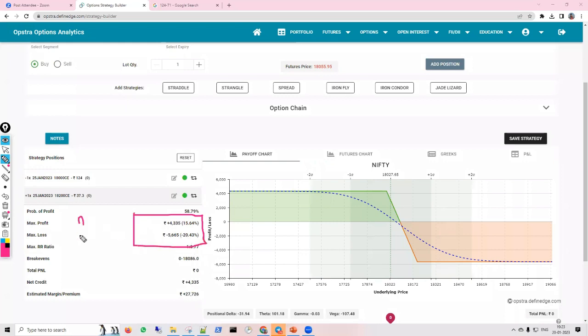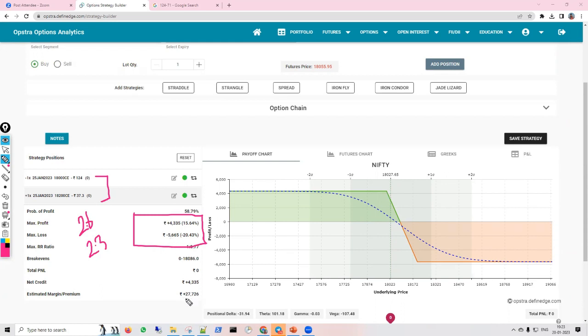Earlier it was 2,600 and 2.3K. Right now it is like 4,000 rupee profit and 5.6K loss. Why? Here I have increased the gap. So whenever you increase the difference between the strikes, your profit and losses increase. Okay, fine. And the break even, you have a little higher break even. But still your loss is coming as 5.6K.